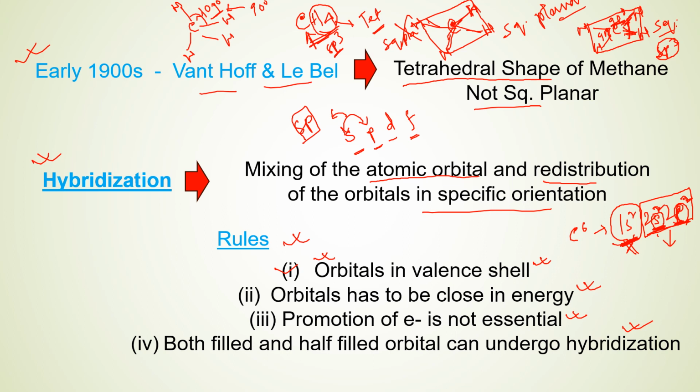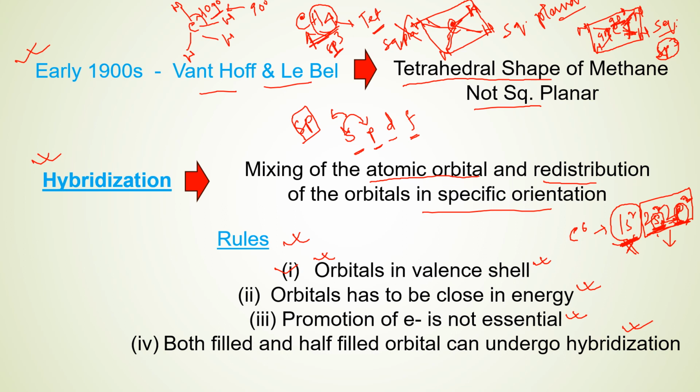Because they are close in energy, they can mix together and hybridize. So the second point is clear: orbitals have to be close in energy, otherwise they cannot hybridize or mix together.